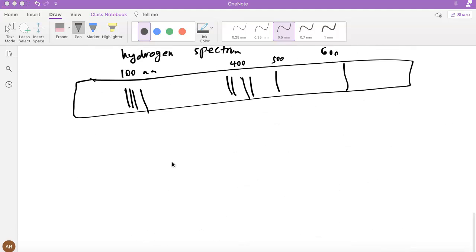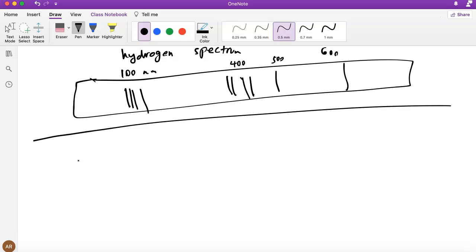So let's look at an example. This is example 7.2 from Harris' textbook. What it says is the atoms in a sample of hydrogen are all in their ground states, far too cold and slow to bump one another into higher levels.